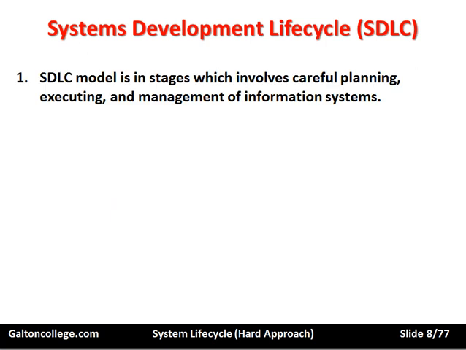Now, the model is in stages, which involves careful planning, executing, and management of information systems. So we must see the systems development life cycle model. We see it in stages. It has a beginning and it has an end. Well, perhaps the end is a bit too dramatic.